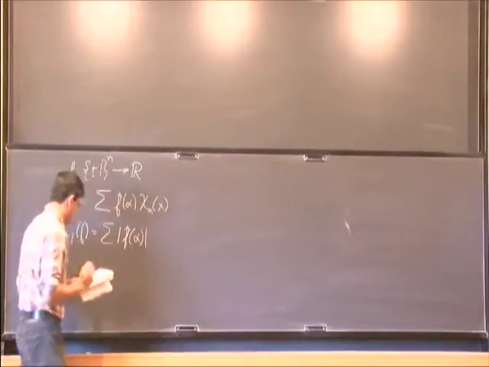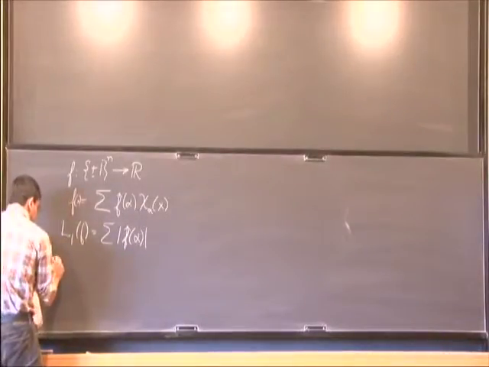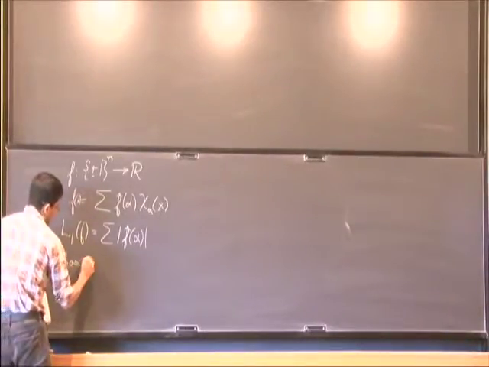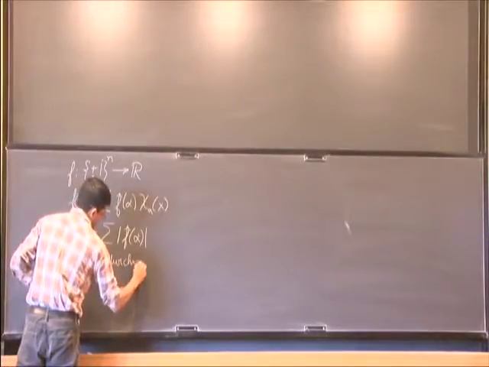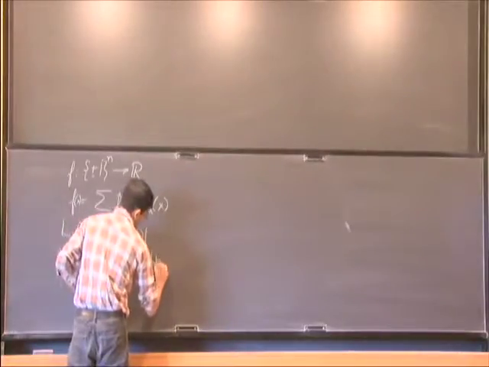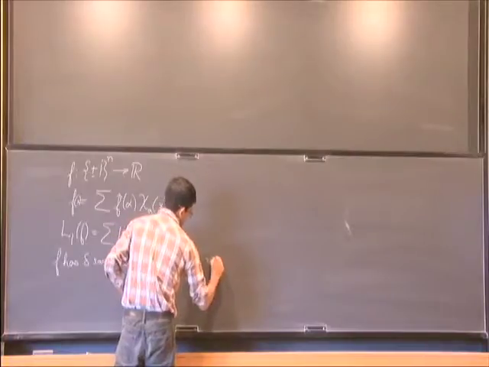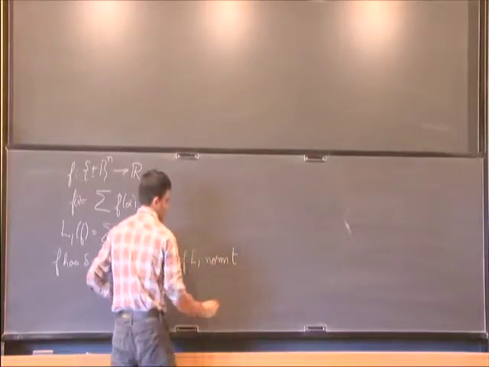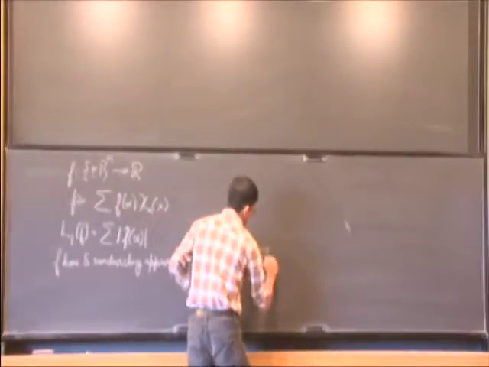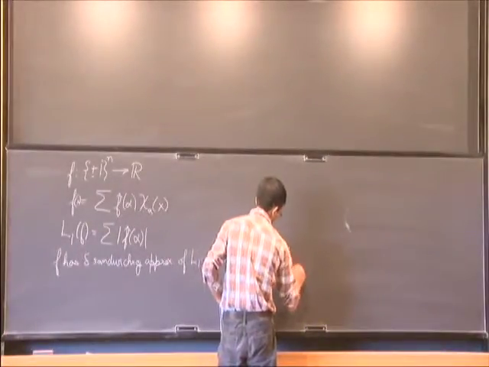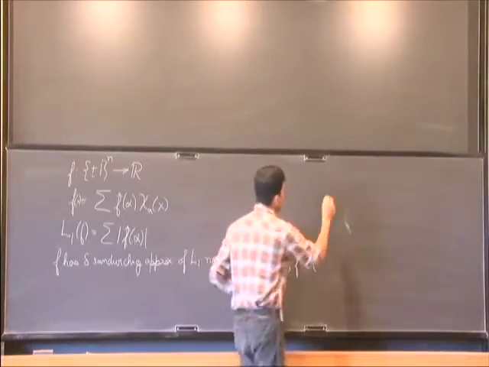So what are sandwiching approximations? Let me define those. I'm going to say that f has delta sandwiching approximations of L1 norm t if there exist two functions, f upper and f lower, such that the following things hold.